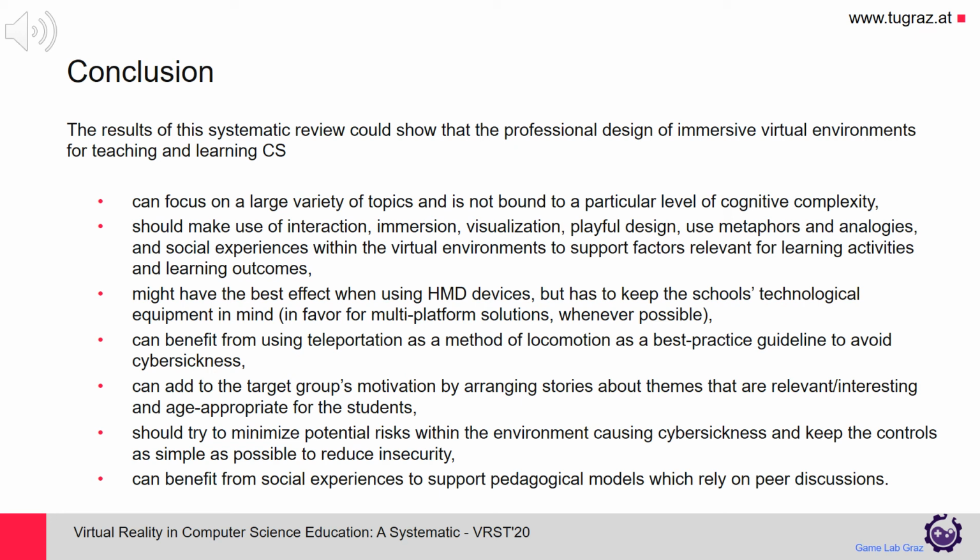In the environment, teleportation seems to be the locomotion method of choice to avoid cyber sickness. Also, content that is appropriate for the target group can support motivation and engagement. Last but not least, user acceptance and insecurity might be addressed by using simple controls, and social experiences supporting peer discussions can support the learning experience in general.